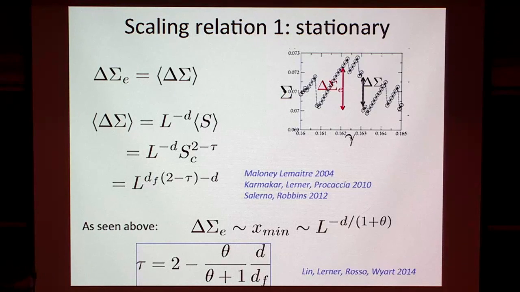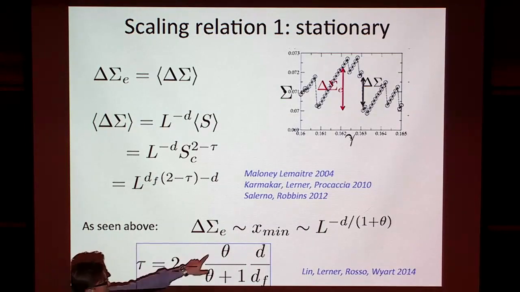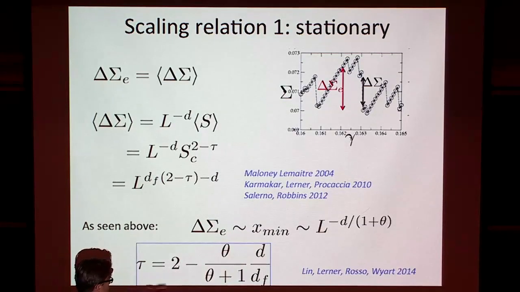The mean of how much you go up must be equal to the mean that you go down. So you have to compute the mean of avalanches, and that's directly related to the distribution exponent tau and the cutoff size that depends on the system size to some power. So just equating those two, you get a first scaling relation that relates our exponent theta to tau and df.